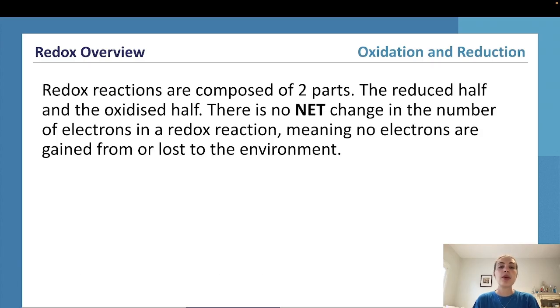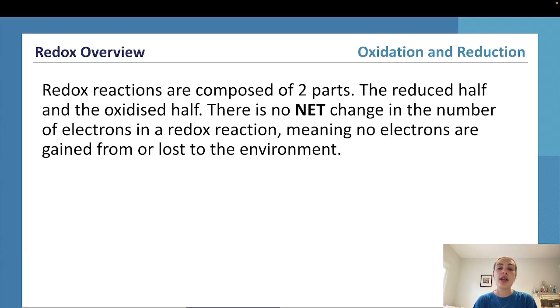So it's important to note that these, as I said before, these redox reactions are composed of two parts, the reduced half and the oxidized half. So you can actually split, instead of writing it as one big reaction, you can split these reactions into the reduced half and the oxidized half.